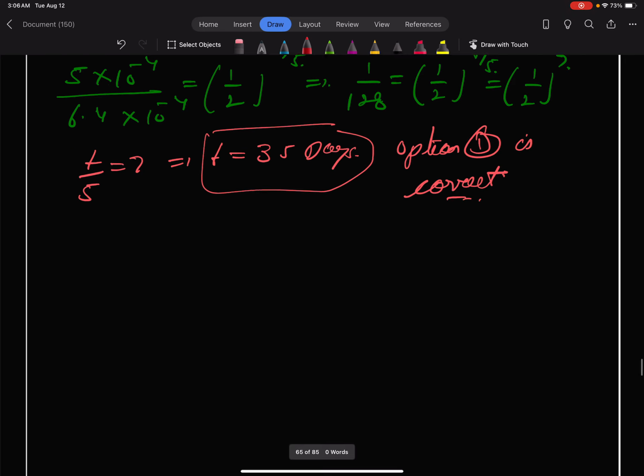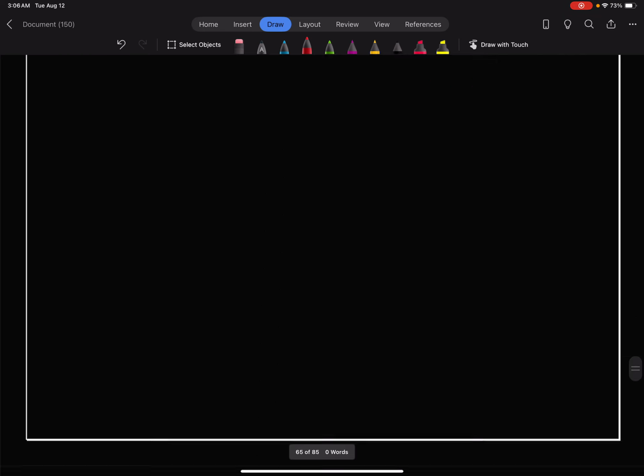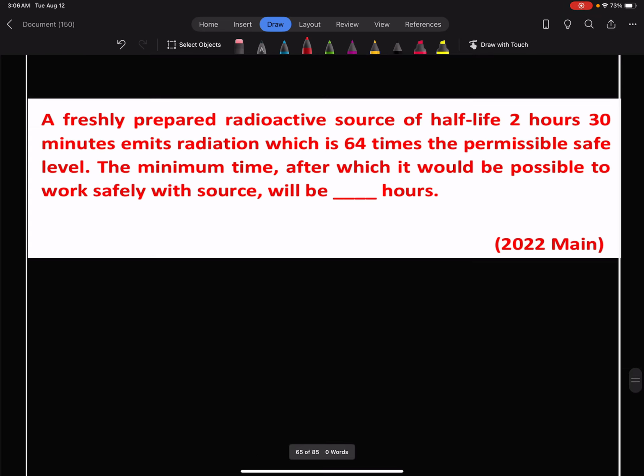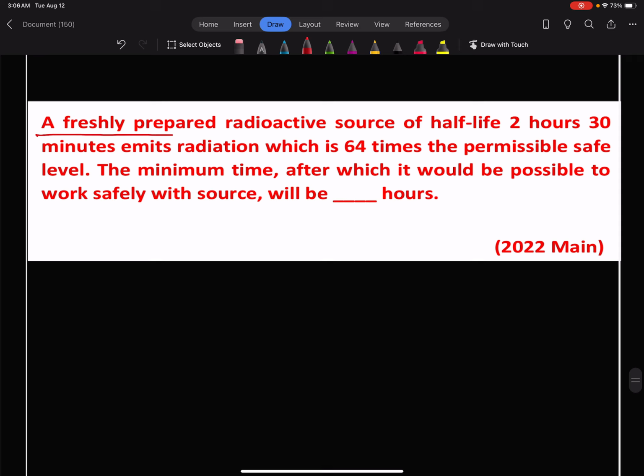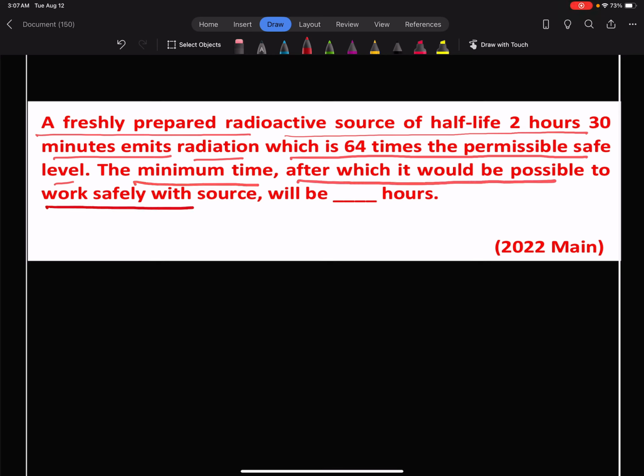Next question. It states that a freshly prepared radioactive source of half-life 2 hours 30 minutes emits radiation which is 64 times the permissible safe level. The minimum time after which it would be possible to work safely with the source will be blank hours.